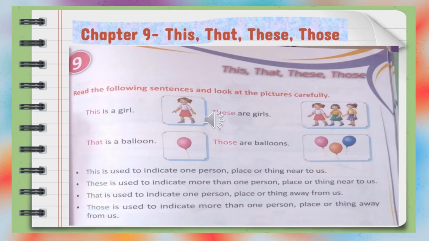We don't use that to point out a thing which is more than one or a plural thing. Those is used to indicate more than one person, place or thing away from us, which means we use those to point out a person, place or thing which is far away from us, which is at a distance from us.